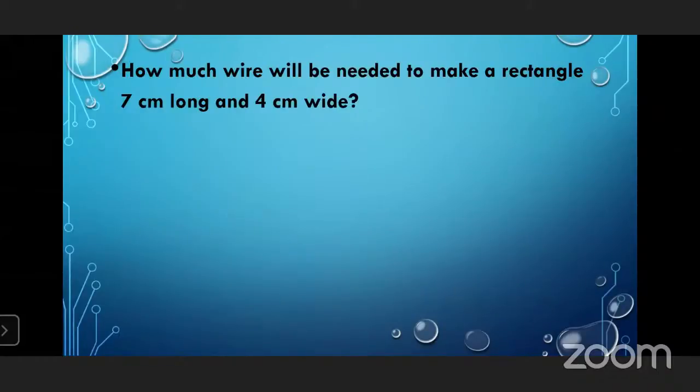We have to find the total length of wire. Total length means we have to find the perimeter only.